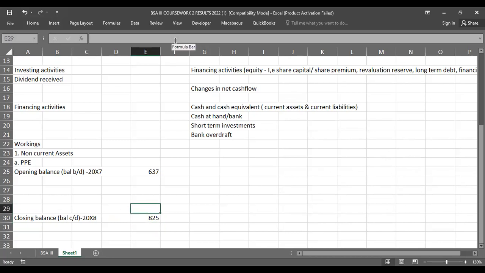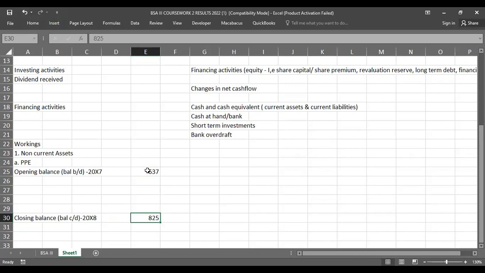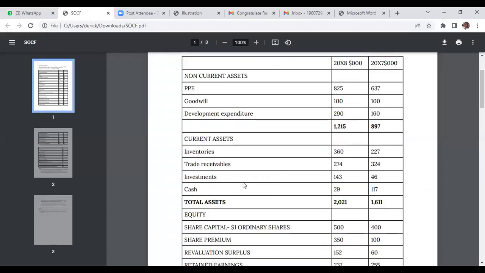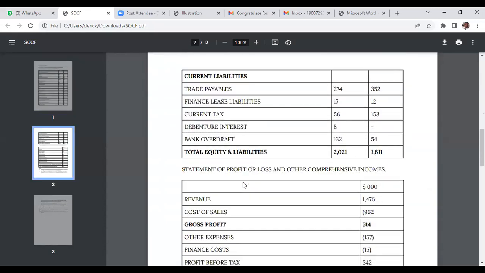So now here, I know for a fact that if I add everything up here, I must get 825 at the end. Okay, so you go and look at any information regarding PPE that could increase the PPE balance or reduce it and include it here. This is where there's a challenge because it may waste time. Actually, the easiest part to start with is the profit or loss statement, to see was there anything like gain or loss or revaluation.